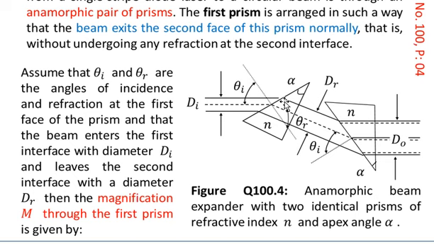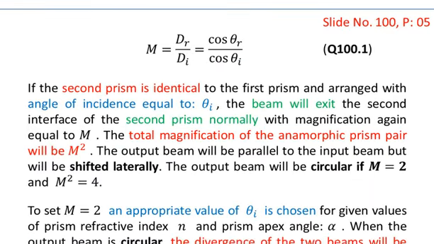before the first prism and inside the first prism, with di as the perpendicular of the right angle triangle before the first face, and after the first face draw the right angle triangle in such a way that the hypotenuse is this one, the common hypotenuse of the two right angle triangles, and the perpendicular is equal to dr. So if you draw two right angle triangles at this interface with the common hypotenuse lying at the first interface of the prism, then of course you can find out very easily the relationship, that is dr over di is equal to cos theta r over cos theta i, as shown in equation number 1.